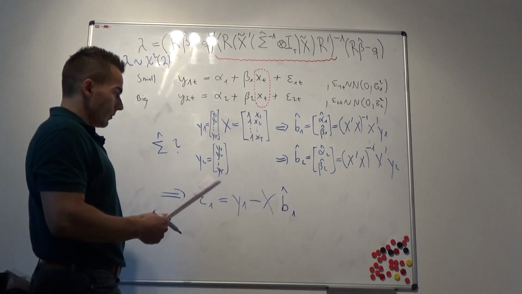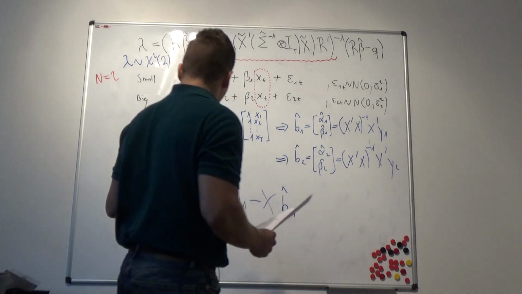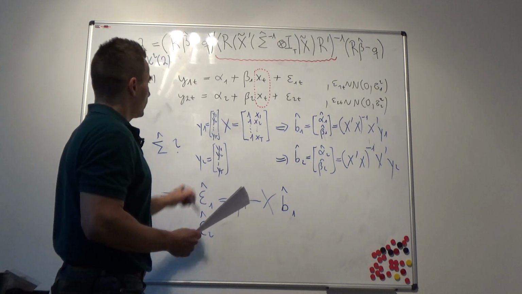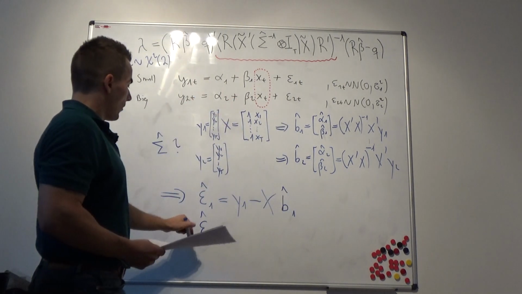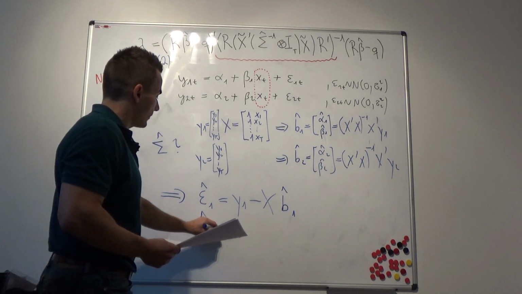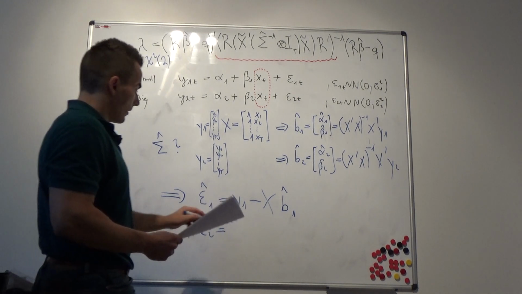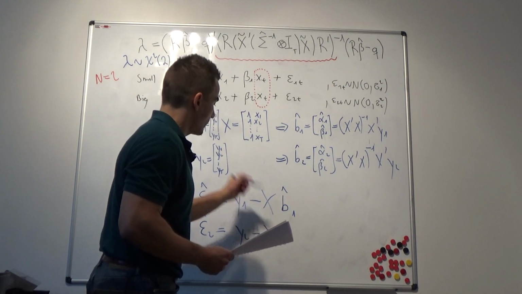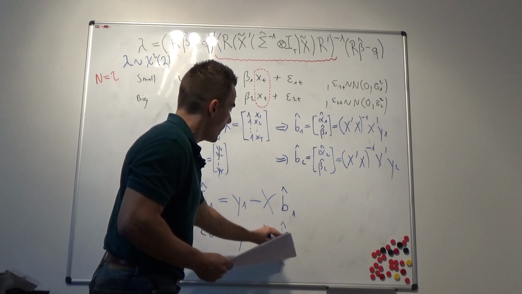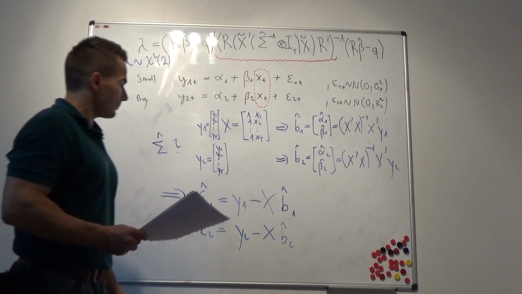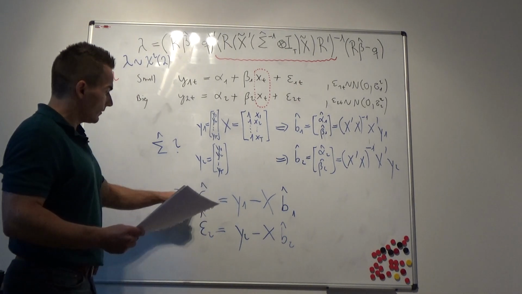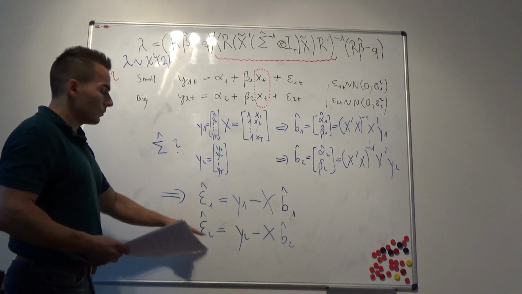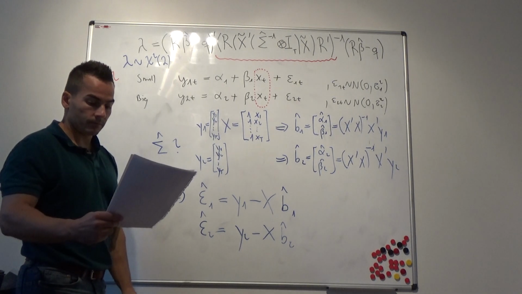In the same way, we get our residual vector for the second equation: epsilon hat 2 is given simply by y2 minus X times b hat 2. Obviously epsilon hat 1 is a T×1 vector, and epsilon hat 2 is also a T×1 vector.